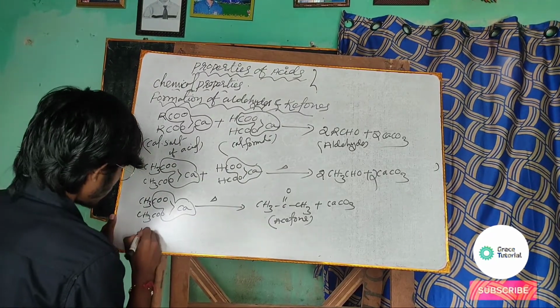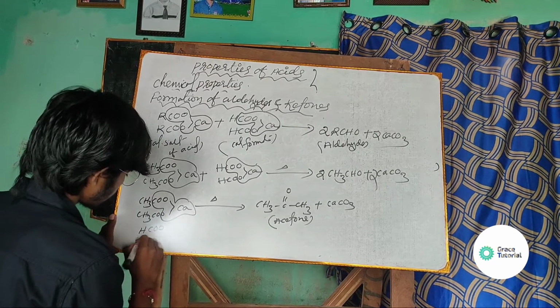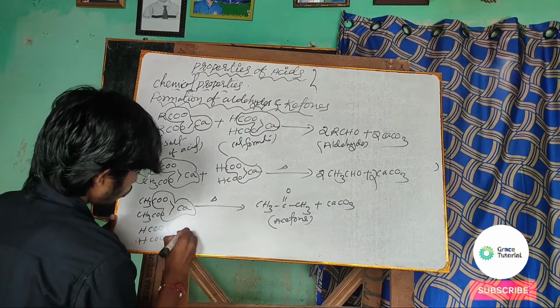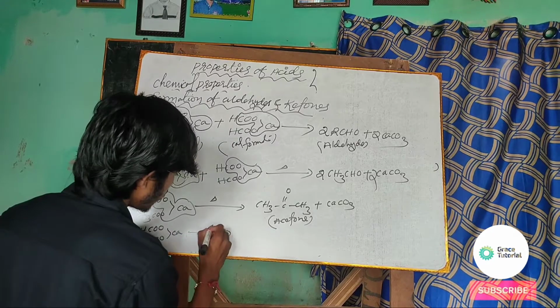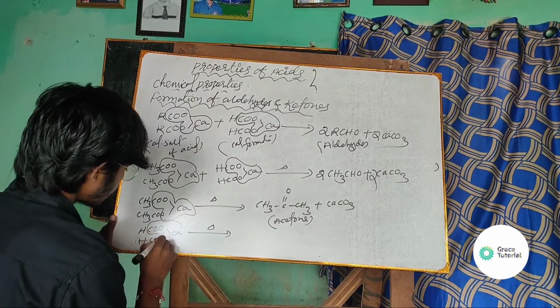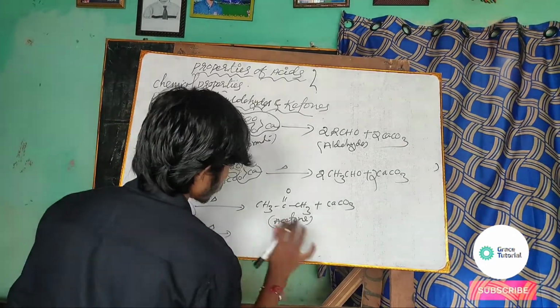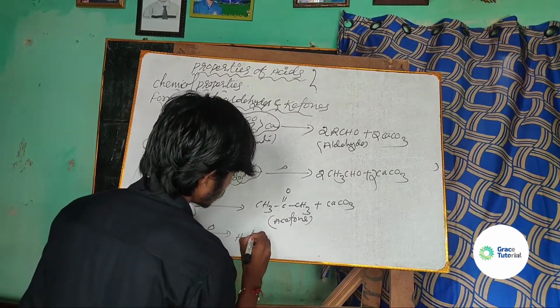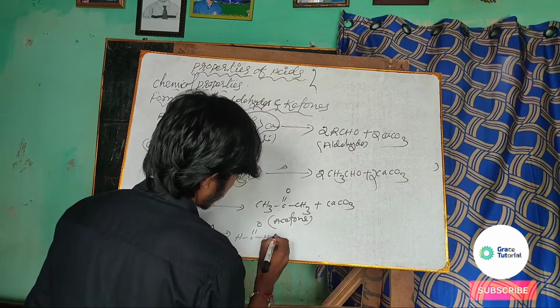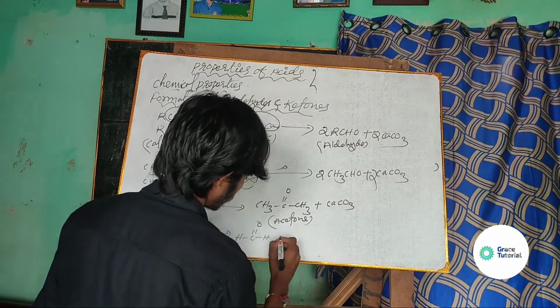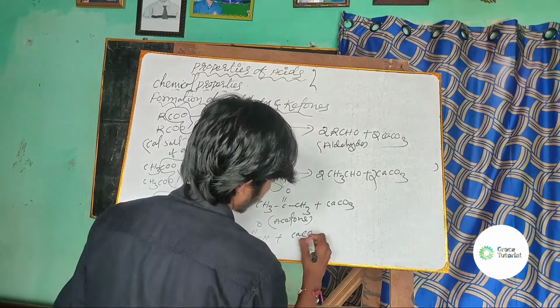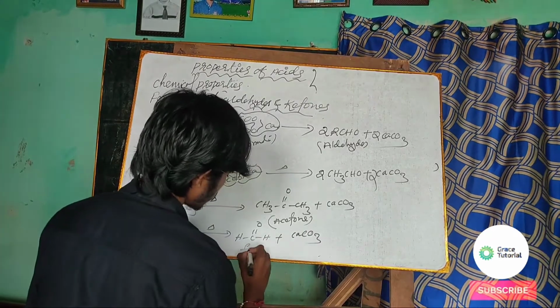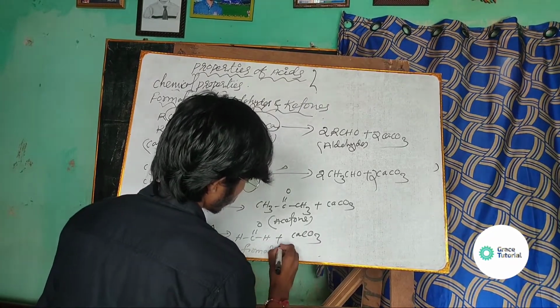Similarly, if you take calcium formate, HCOO, and heat it, then calcium carbonate is removed, and finally I have HCHO plus calcium carbonate. This is formaldehyde.